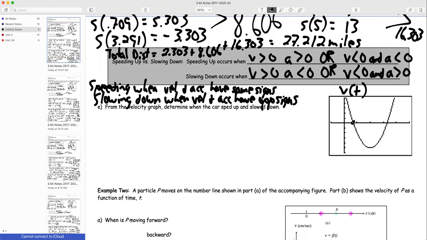Therefore, it's going to cross the x-axis at 0.709, we found, and also 3.291. So let me go through this and then we will write it down.